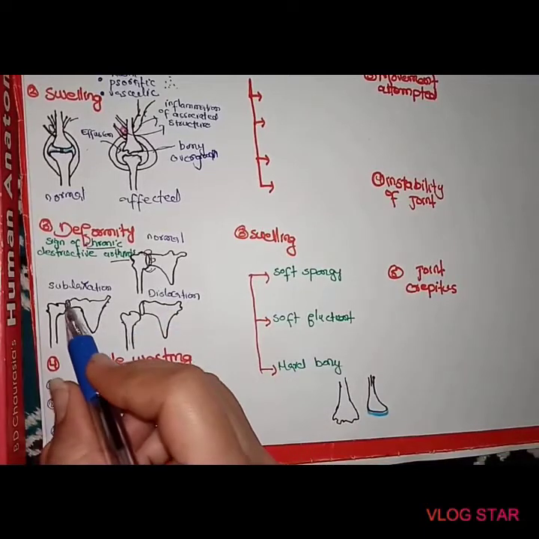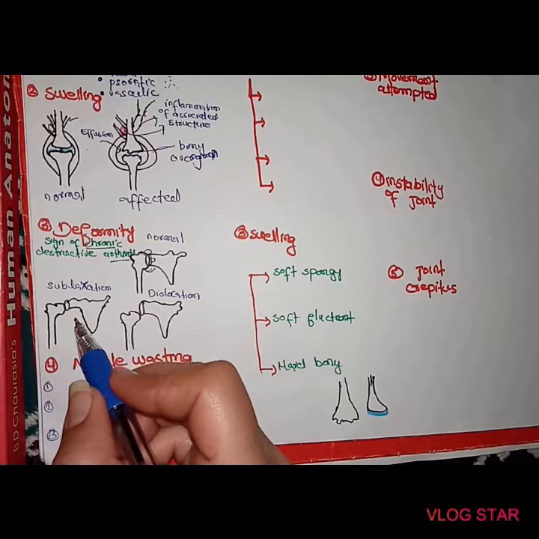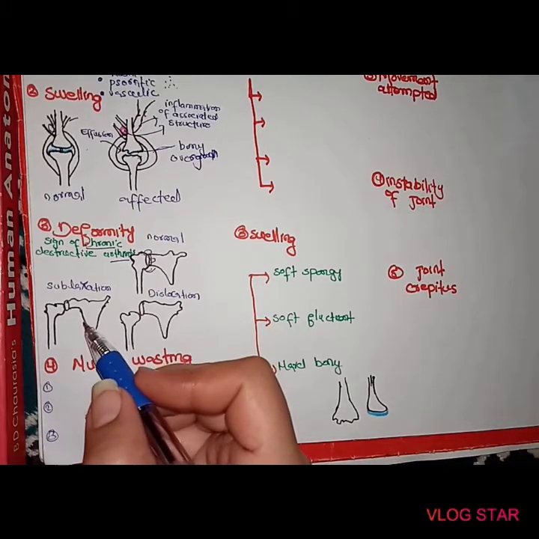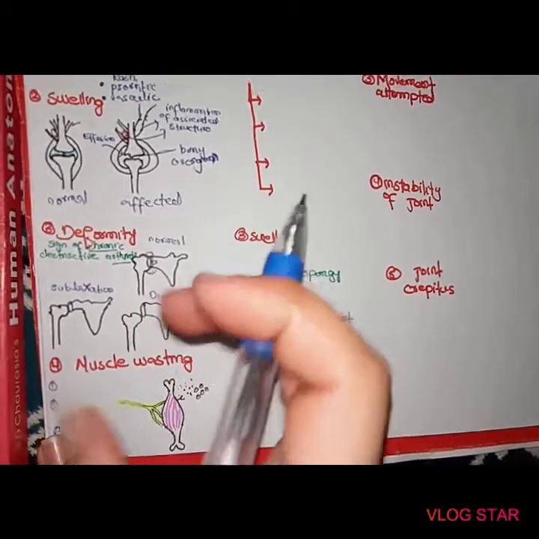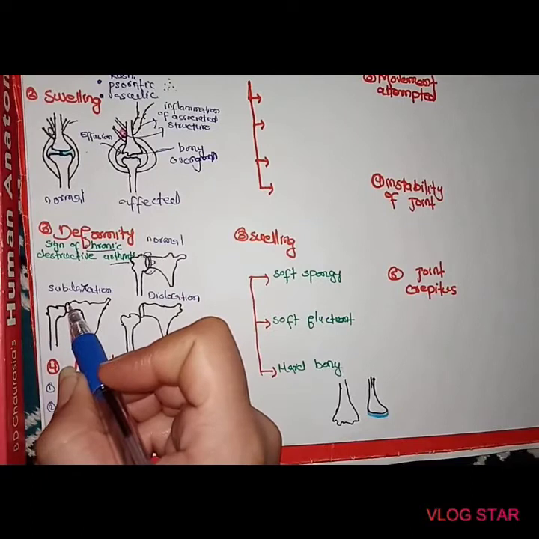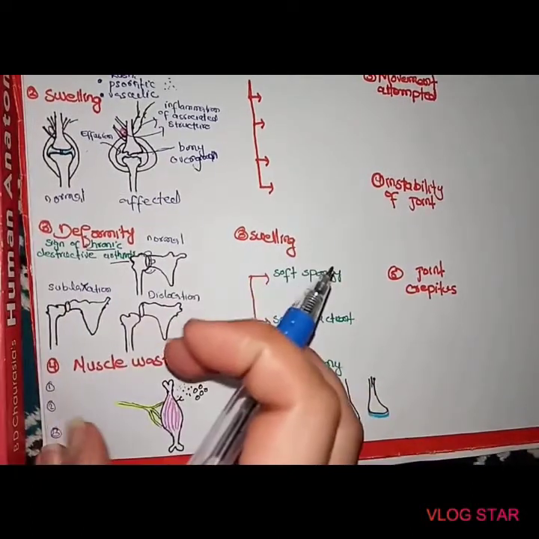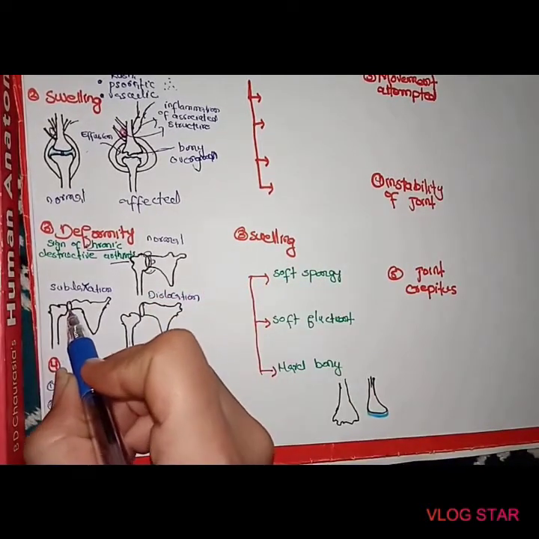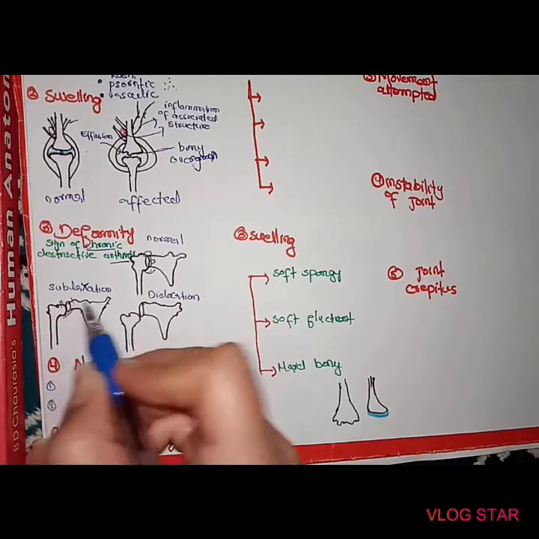In subluxation, a partial dislocation occurs. It means that the joint is dislocated but still attached at some point. The joint formed between two bones is attached by connective tissue, maybe some ligament remains attached, but the joint capsule is ruptured.